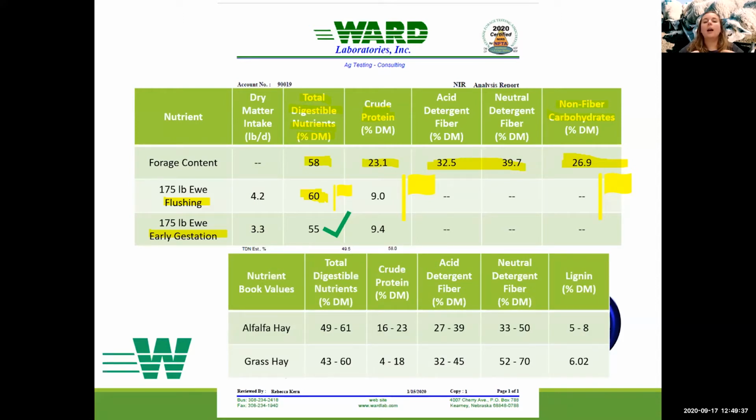So I just want to draw your attention and share with you the book value of these nutrients in each of these forages. So right now we're looking at this alfalfa hay, and you can see the TDN has quite a range, which may or may not be meeting requirements. Crude protein is almost certainly going to be exceeding requirements. It's just a matter of by how much. And then you can see that the fibers are very variable, especially this neutral detergent fiber.